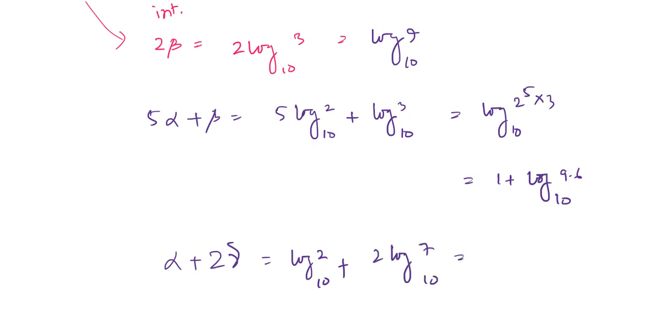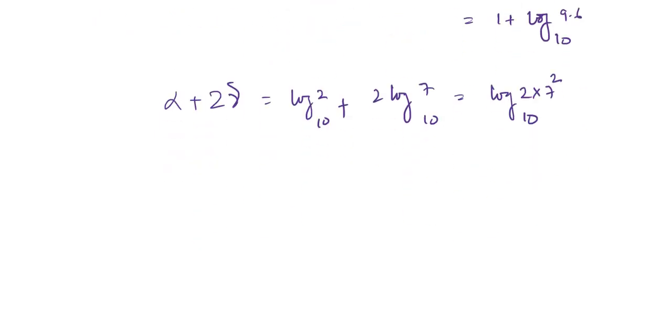So that can be written as log of 2 into 7 square. Yes or no? Right. After that we can find out that it is 1 plus log 9.8 base 10.